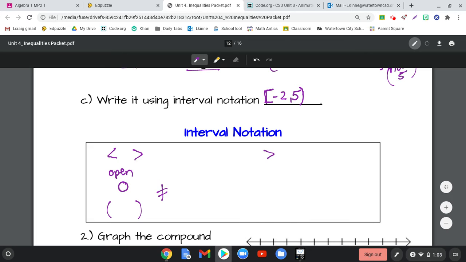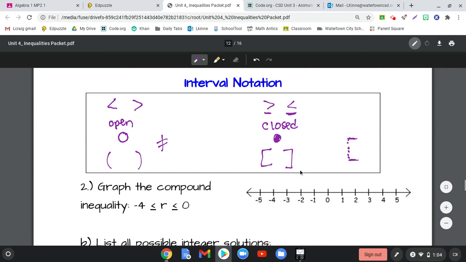If you have greater than or equal to, or less than or equal to, it would be a closed circle on the graph. And we would show that with brackets. And again, I like to think of it, if you look at either bracket, it starts with an equal sign, and then you connect them. So if it's equal to it at some point, then it's going to have brackets.